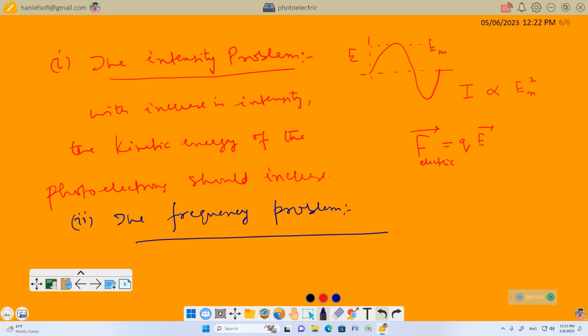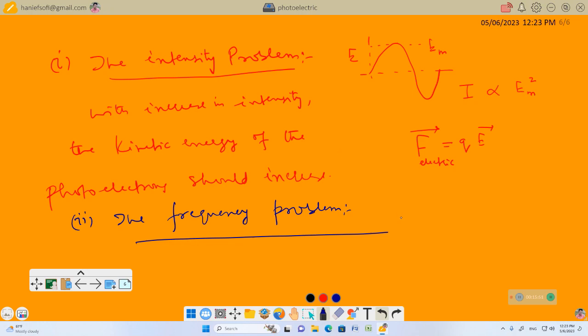According to wave theory, the photoelectric effect should occur for any frequency of light, provided only that the light is intense enough to supply the energy needed to eject the photoelectrons, which is evident from this explanation in part first of intensity problem.